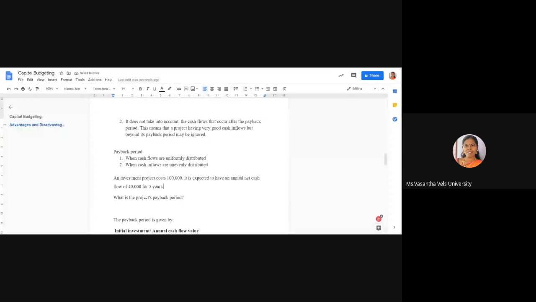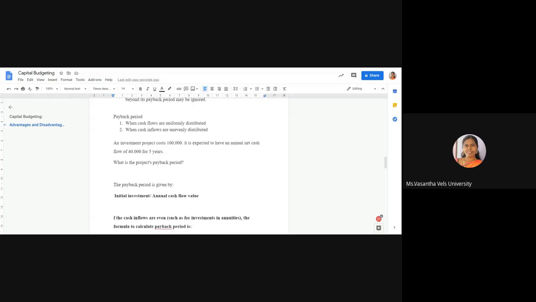For example, in the first year the company may receive a cash inflow of 5,000, but in the second year 3,000, and in the third year 4,000. Likewise, there is no uniformity in receiving cash flow. In that case, you have to follow a different formula.